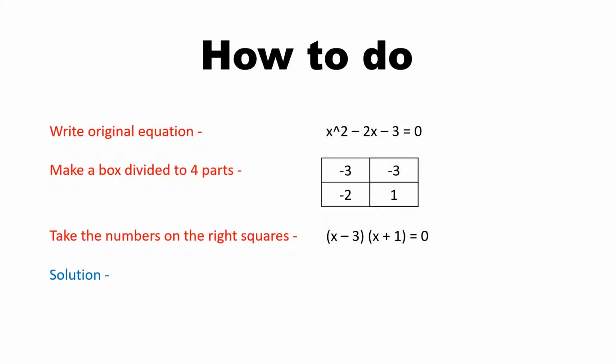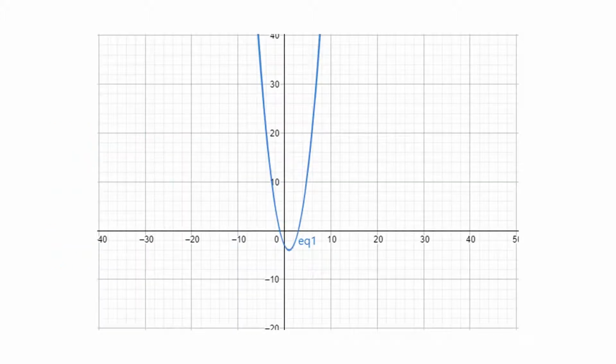So now you move -3 to the other side, so it will be x equals 3, and you do the same for the other parenthesis, so it will be x equals -1, and those are your two solutions. And if you want to graph it to make sure, then you can. This is the way the graph is gonna look.